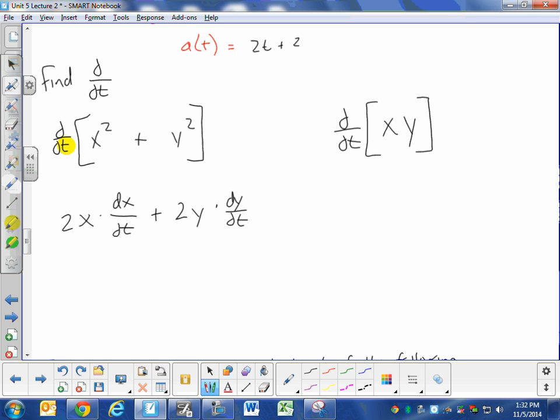For xy, product rule, just use it with respect to t. So f prime, which is not 1, but dx/dt, times g, plus g prime, which is not dy/dx anymore, it's dy/dt, times x.